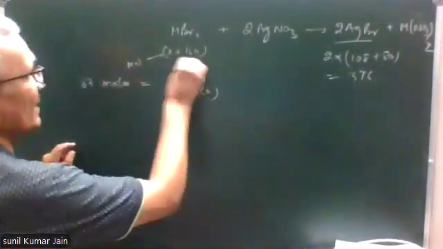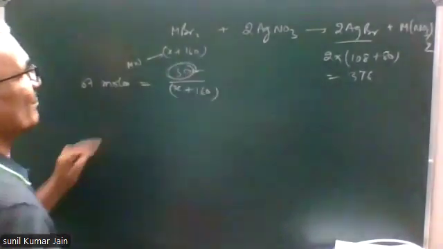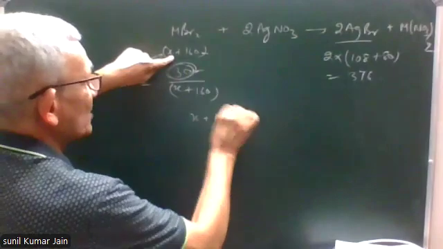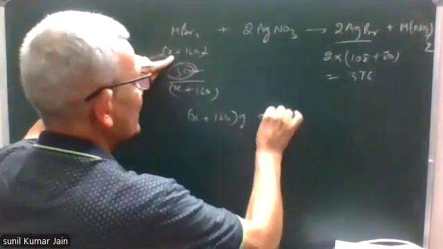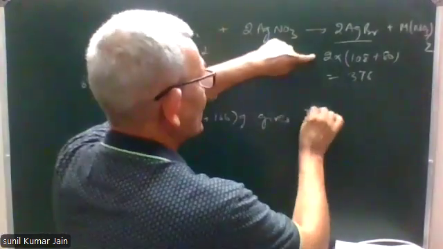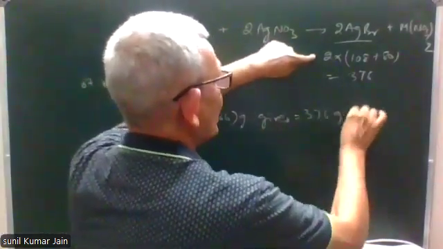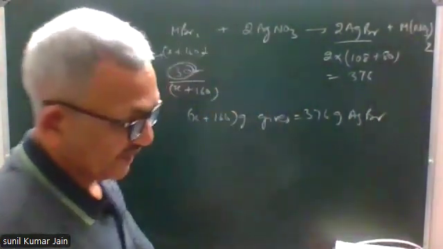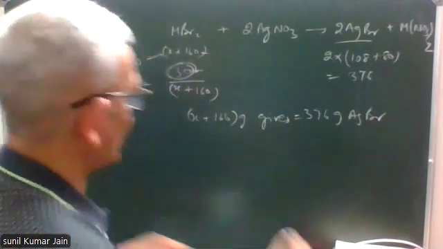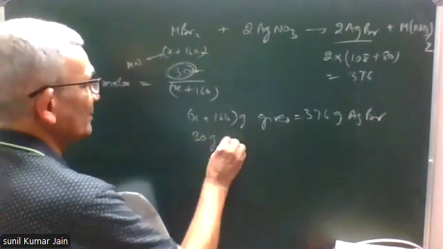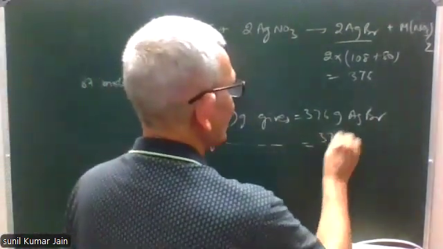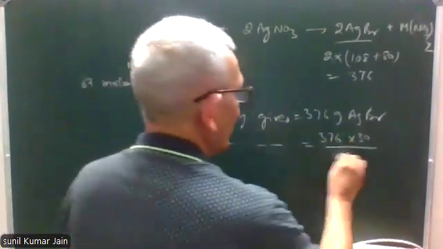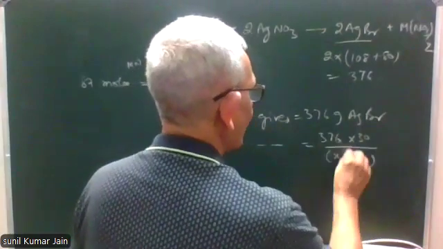We can directly use grams. See, X plus 160 grams gives 376 grams AgBr. Therefore, we have 30 grams of it. 30 grams will give how much? This will be 376 into 30 divided by X plus 160.